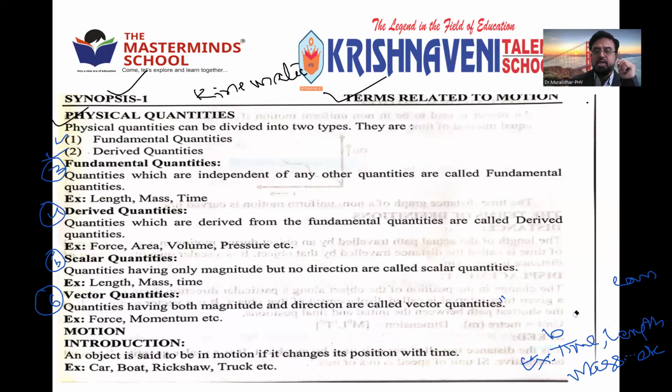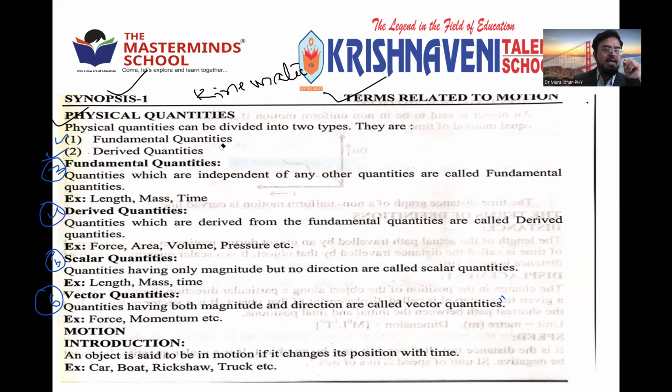So these physical quantities, of which there are many, like length, mass, time, area, volume, density, are all classified into fundamental and derived quantities, right? First, fundamental quantities: quantities which are independent of any other quantity. Independent means they do not depend on any other quantities.